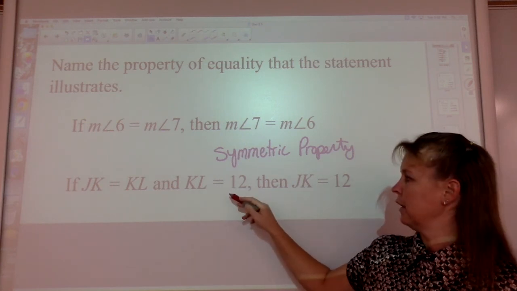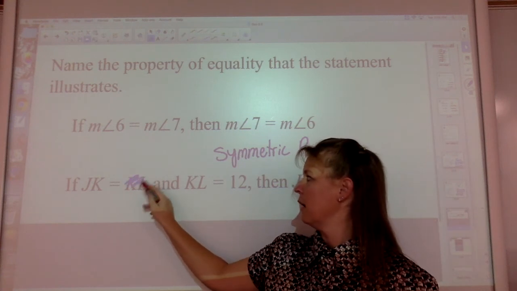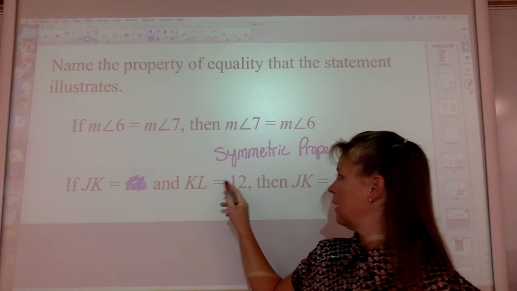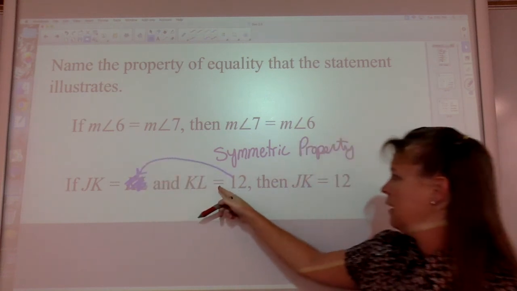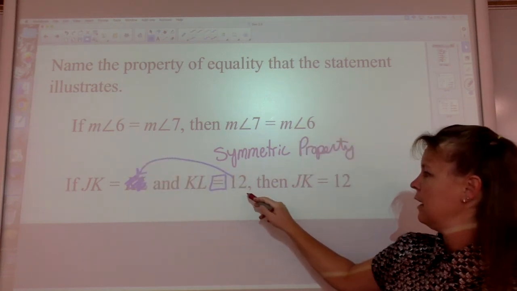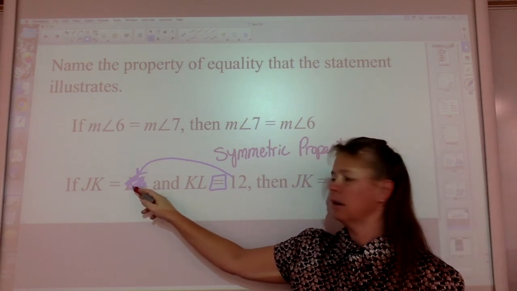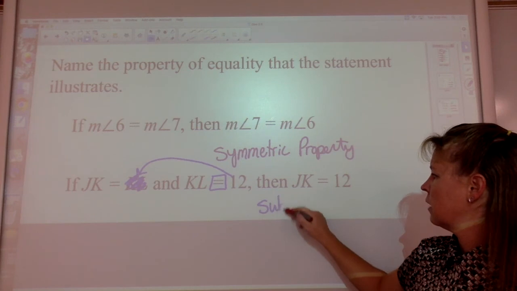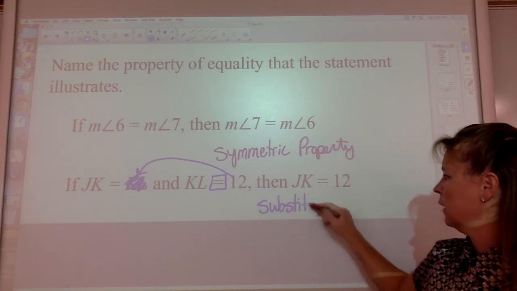Those are two equal things. So if I want to take KL out of the game, kick them out, I can put something in its place as long as it's equal. It is definitely equal. If you are replacing an equal piece, then this becomes the substitution property.